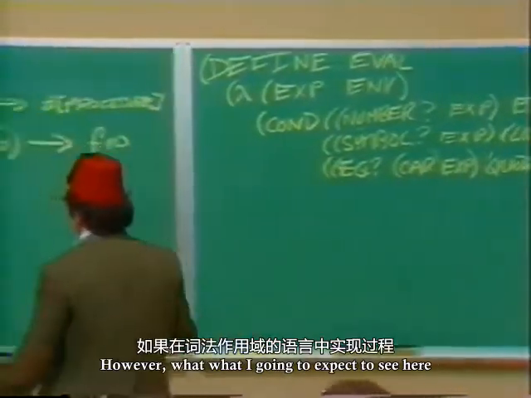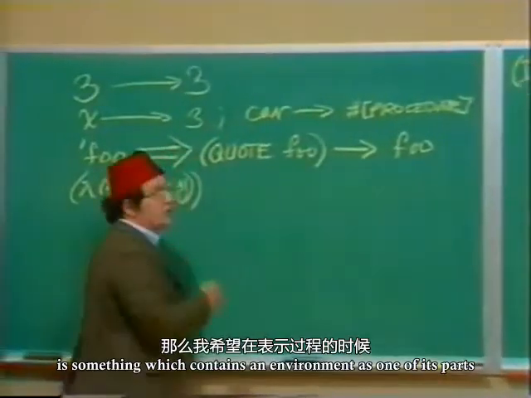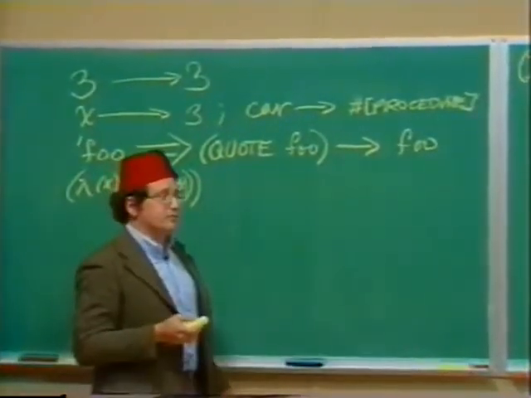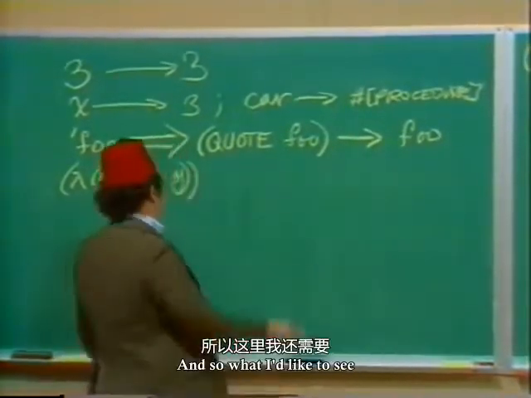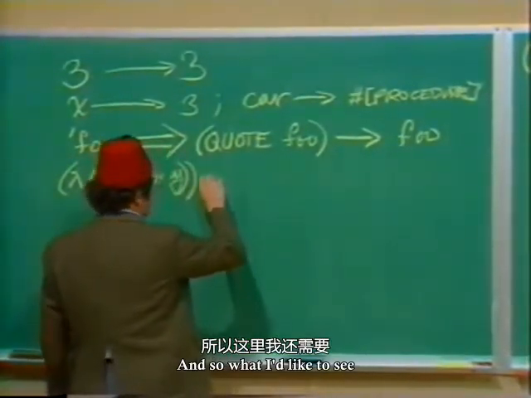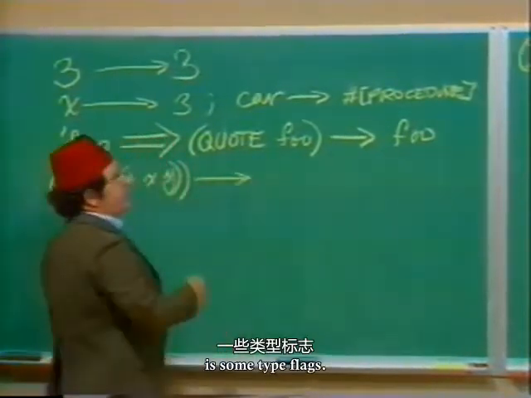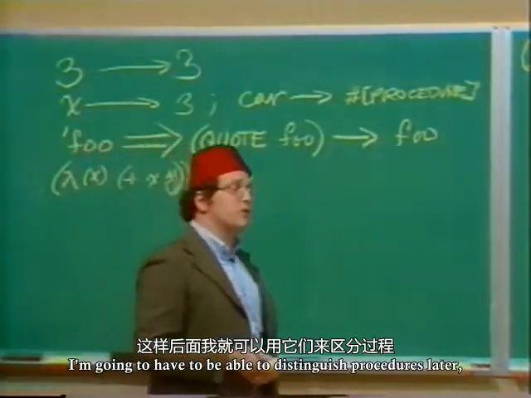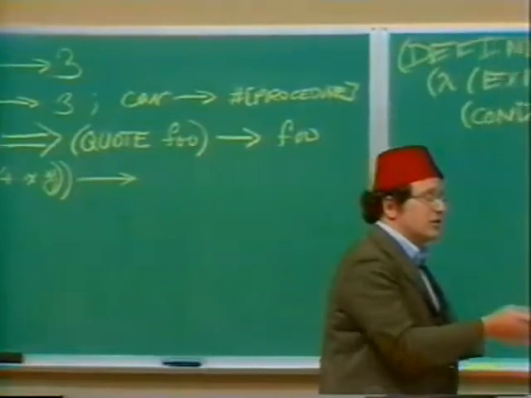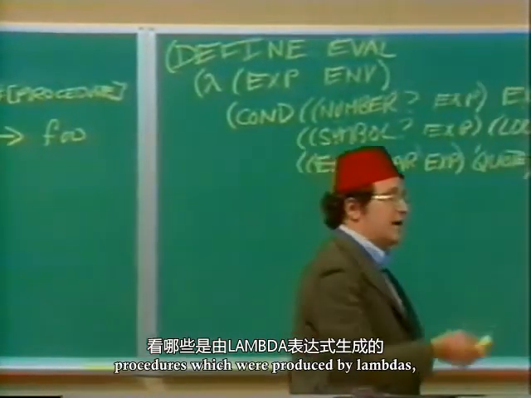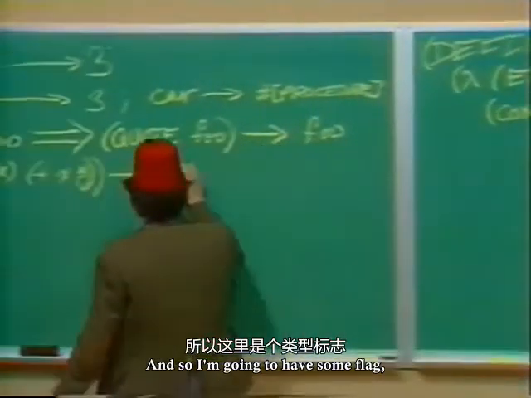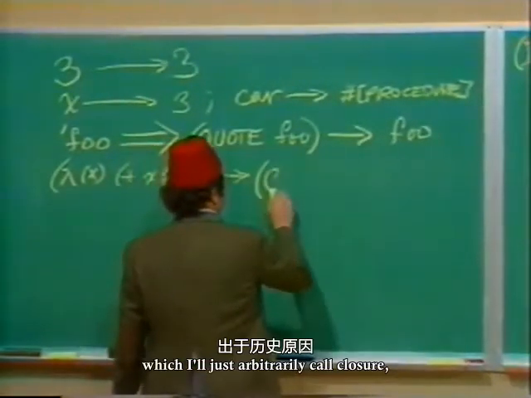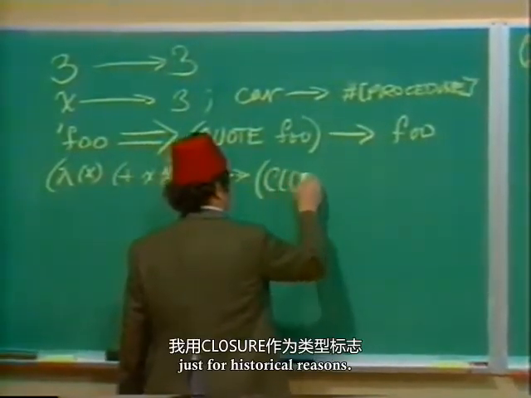However, what I'm going to expect to see here is something which contains an environment as one of its parts, if I'm implementing a lexical language. And so what I'd like to see is some type flag, because I'm going to have to be able to distinguish procedures later, procedures which were produced by lambdas from ones that may be primitive. And so I'm going to have some flag which I'll just arbitrarily call closure just for historical reasons.